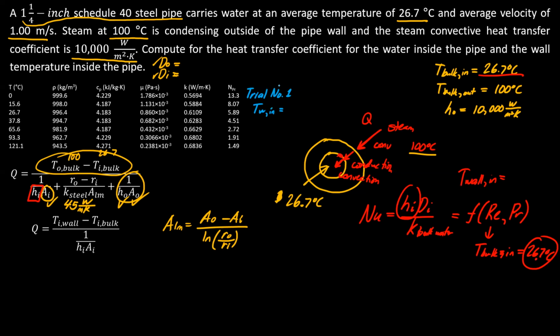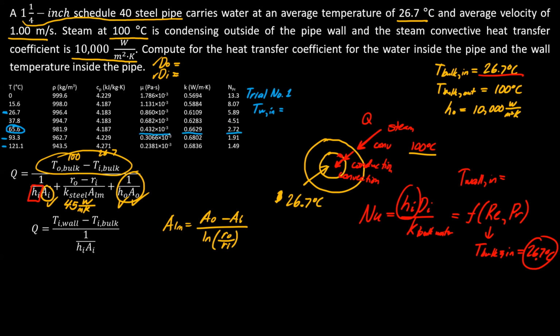So let us choose the... It should be in between 100 and 26.7. So to make it convenient for me for the first trial, see 26.7 here, I mean, and 100 here. I will choose 65.6 as the wall temperature so that I can easily get the values that I need.